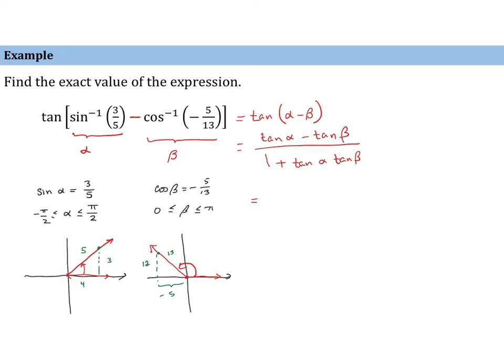So tangent of alpha from our picture is 3/4 minus, now the tangent of beta will be negative 12/5, all over 1 plus the product of those two, 3/4 and negative 12/5.